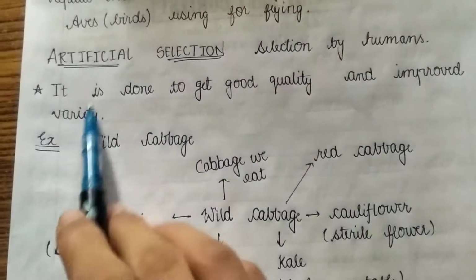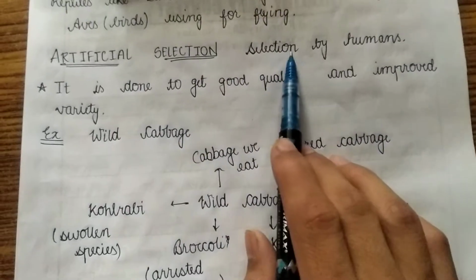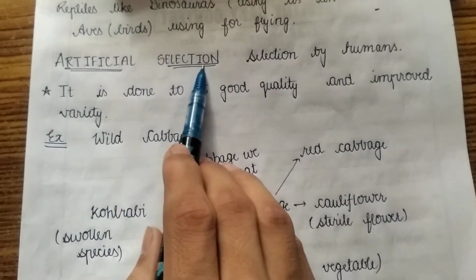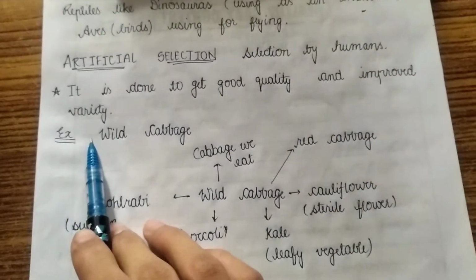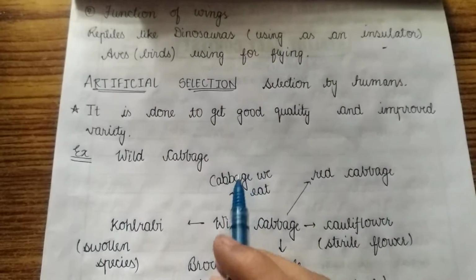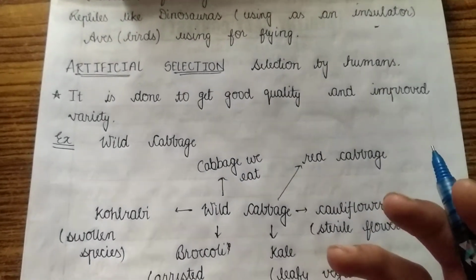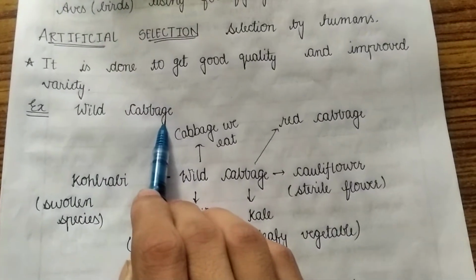Now we will see what is artificial selection, and this is our last topic of this chapter. It means selection by human beings, therefore it is known as artificial selection. It is done to get a good quality and improved variety, meaning to improve some food items so that they can be tastier. In our book, an example is given of wild cabbage.